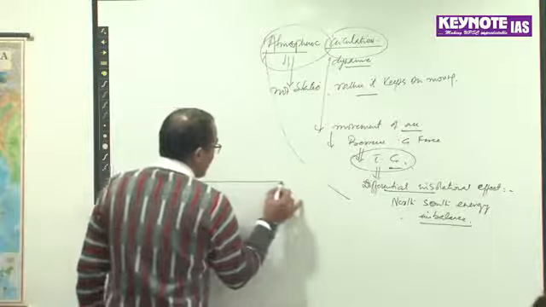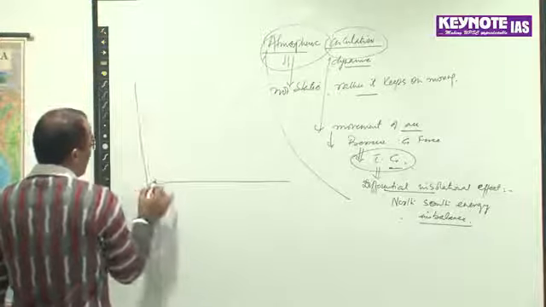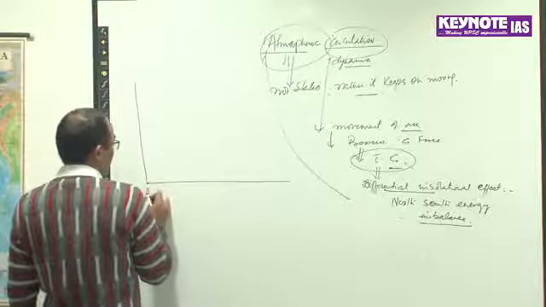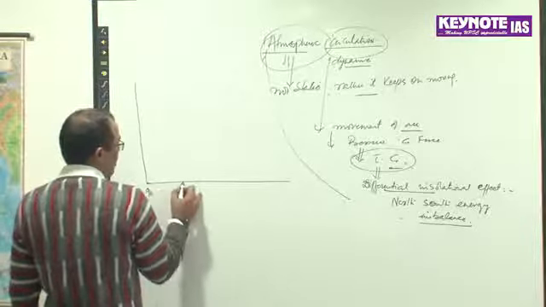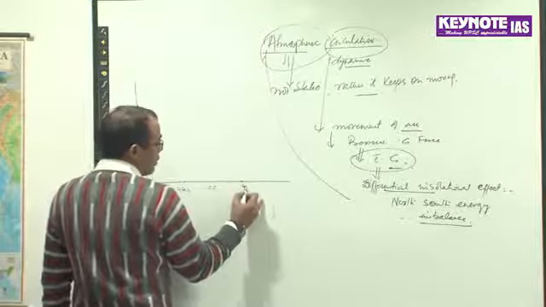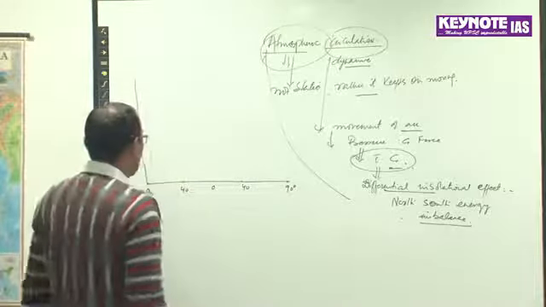If you look at the overall insolation temperature pattern, roughly around 90 degree, 40 degree, 0 degree, 40 degree, 90 degree, the latitudinal position.